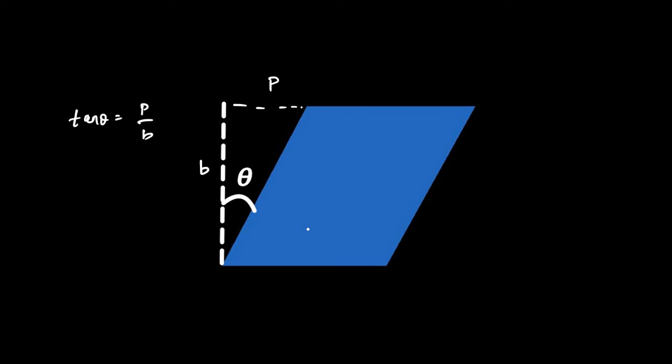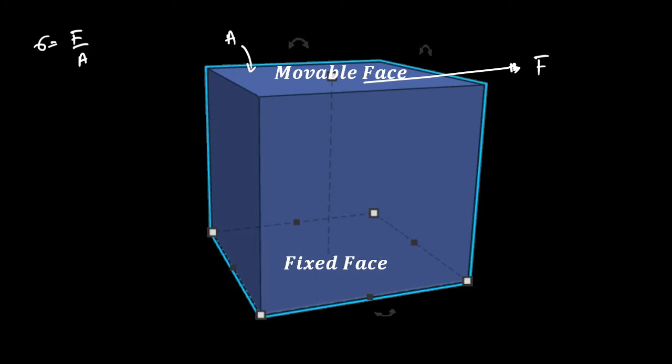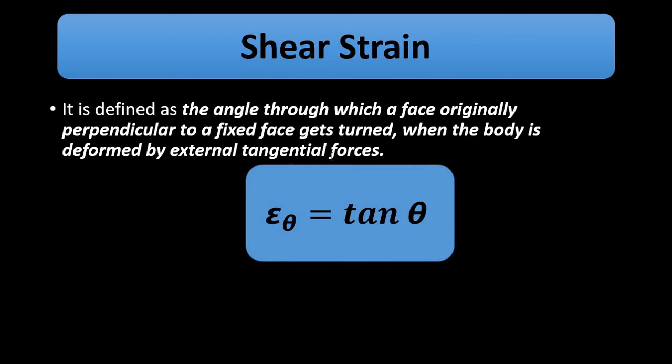So this is the shearing strain or sliding strain or tangential strain. It is defined as the angle through which the movable face, which was originally perpendicular to the fixed face, gets turned or bent, or the extent to which the movable face slides over the fixed face, when it is deformed by the external tangential forces.